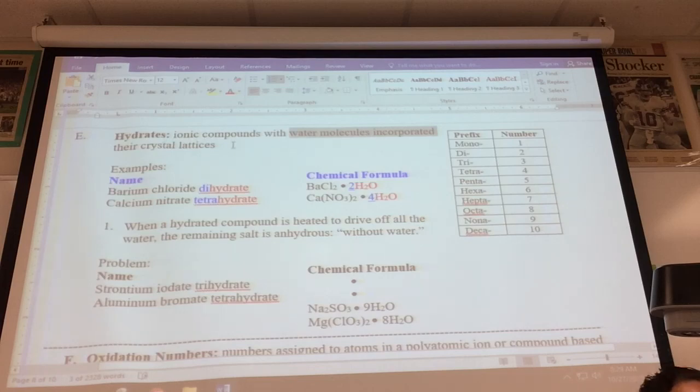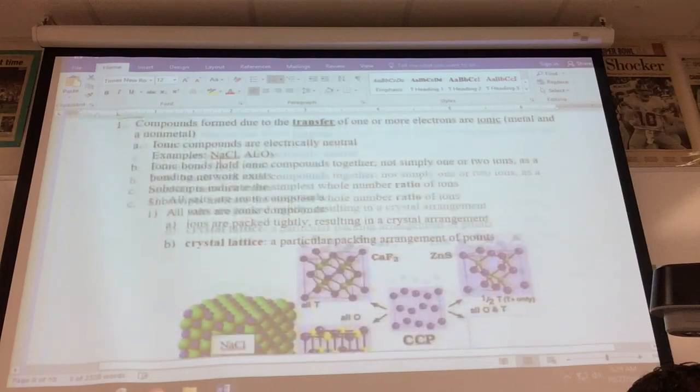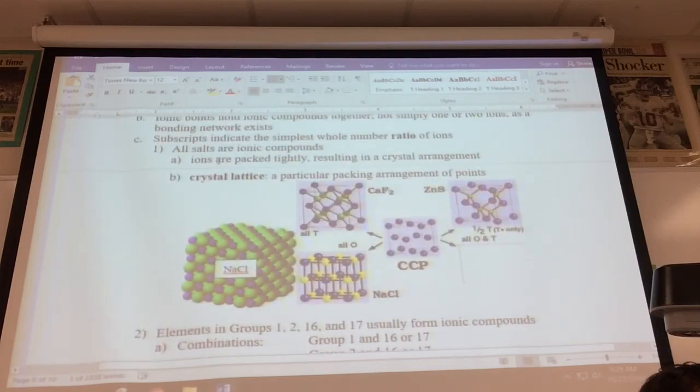the ionic compound. Ionic compounds have a certain structure, and we'll take a look at this later on in the chapter, but it looks something like this.